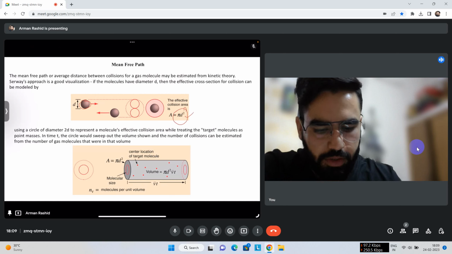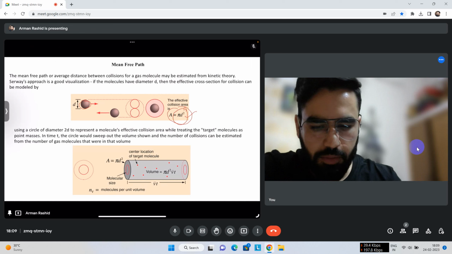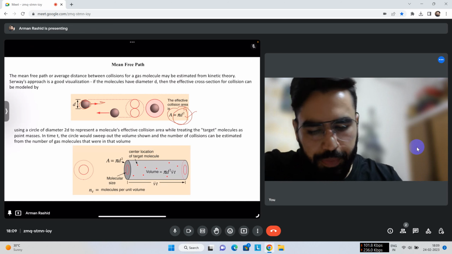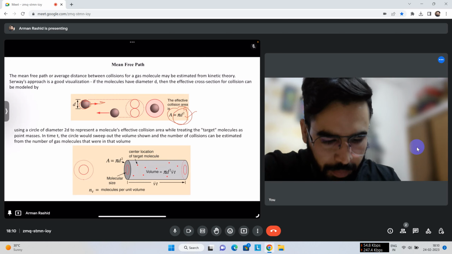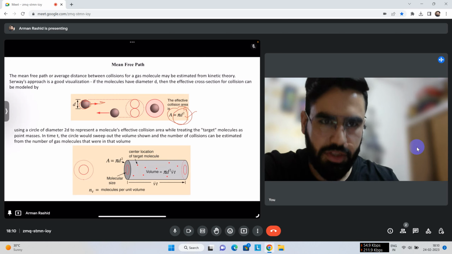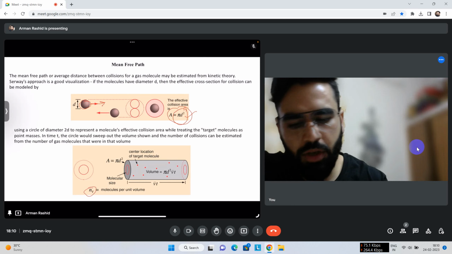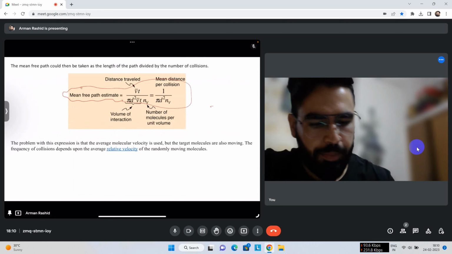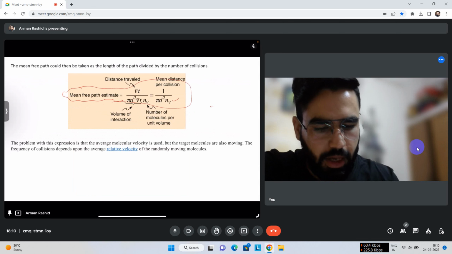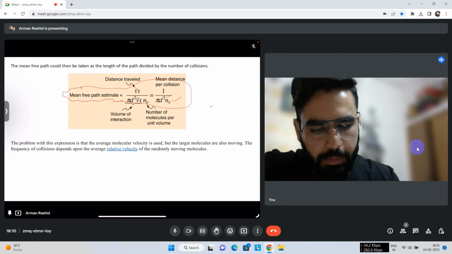Then we calculated the number of collisions this gas molecule or metal ball undergoes in a particular length, with velocity v, and correlated it with the molecules per unit length. From that, we calculated the mean free path, which becomes 1 by pi d square n, where n is the number density, d is the diameter of the particle, and pi is 3.14.